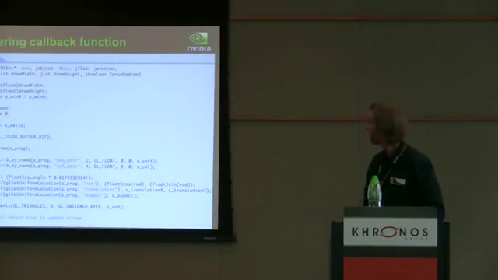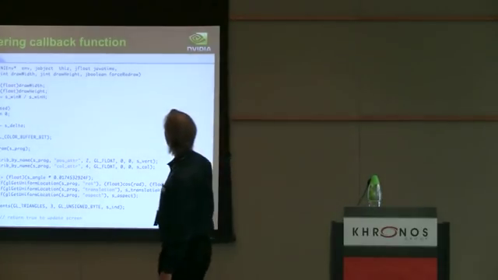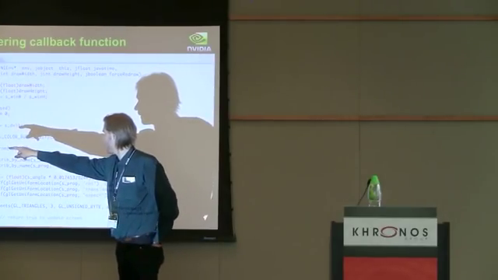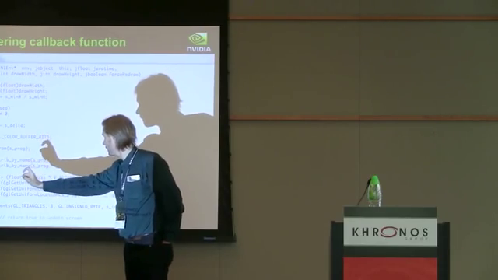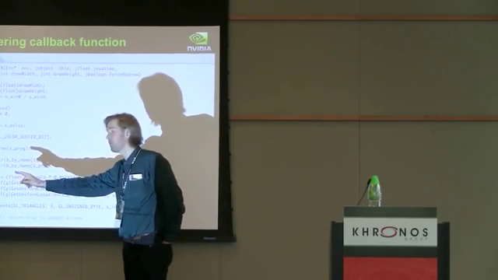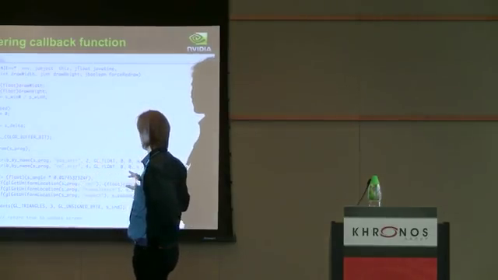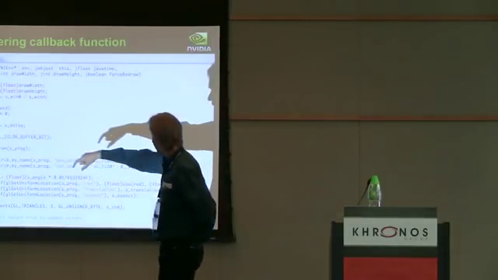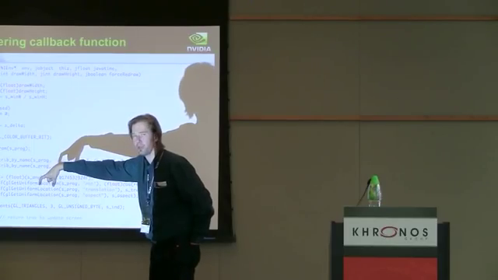Then there's the rendering callback function. So what's happening here? We get the window size, and increase the angle of the rotation. Let's clear the color buffer. We need to use the program that was compiled and linked for us. Then we match the attributes by name. In our shader we had these strings called position attribute and color attribute.